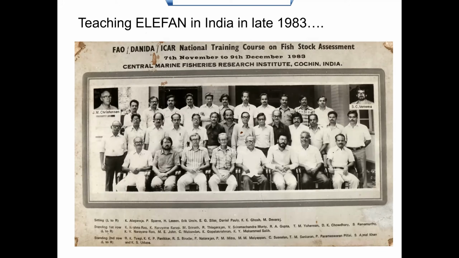This picture was made of the participants and the trainers, most of whom came from Denmark, but actually we taught mainly ELEFAN and length frequency analysis method. This picture is historic.